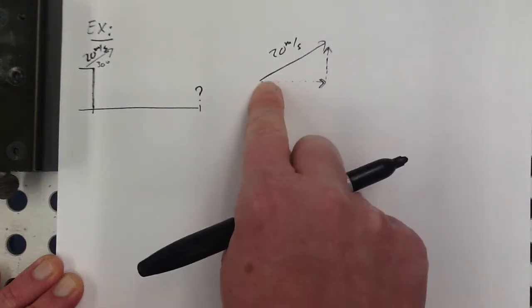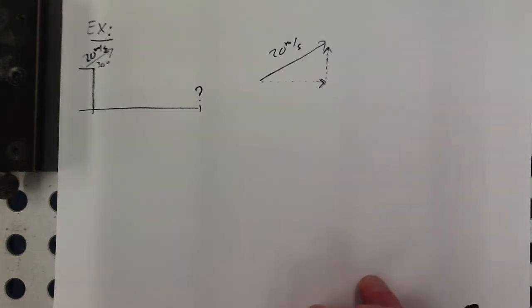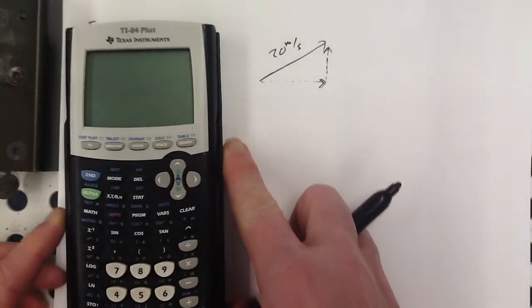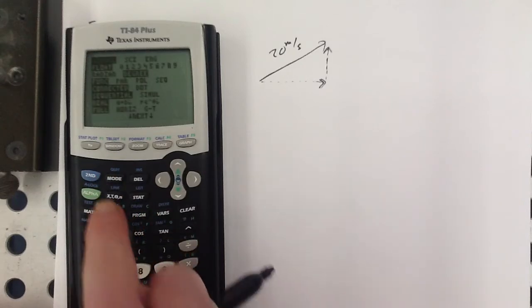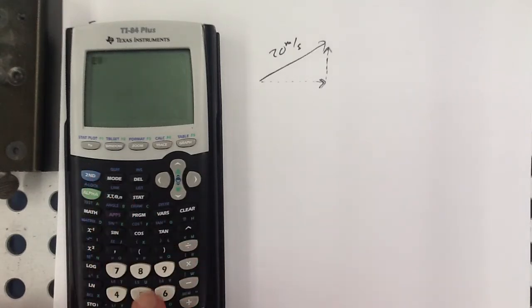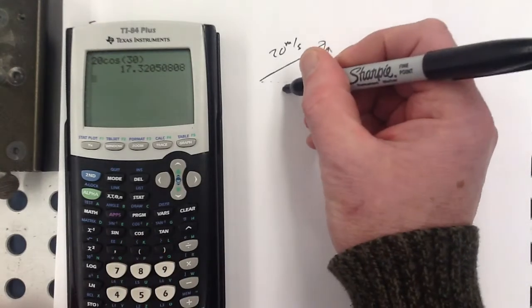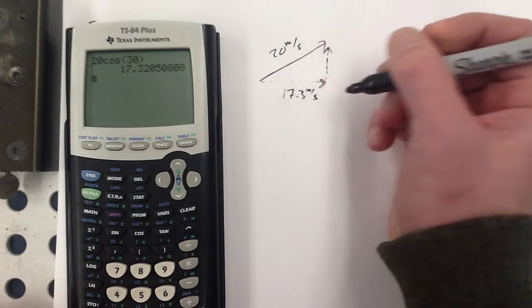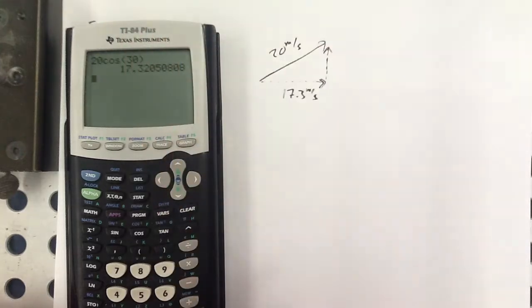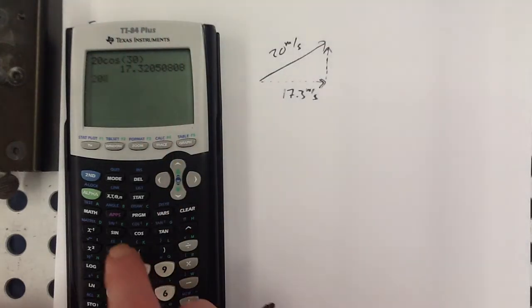In this case, I've got positive, positive. So I'm going to make sure that I'm in degree mode. 20 times the cosine of 30 degrees is about 17.3 meters per second. And then 20 times the sine of 30 is a half, so that's going to give me 10.